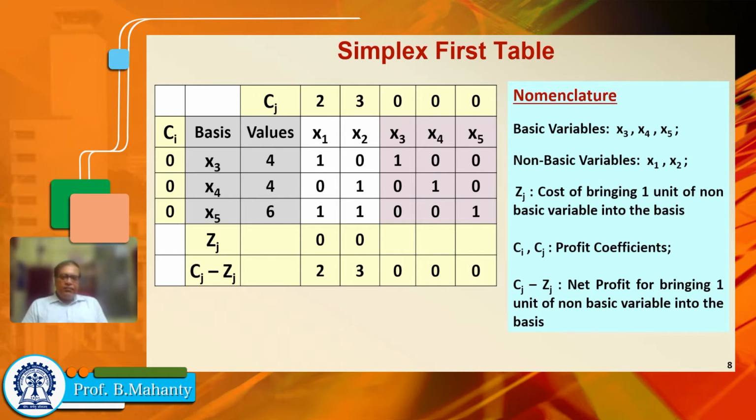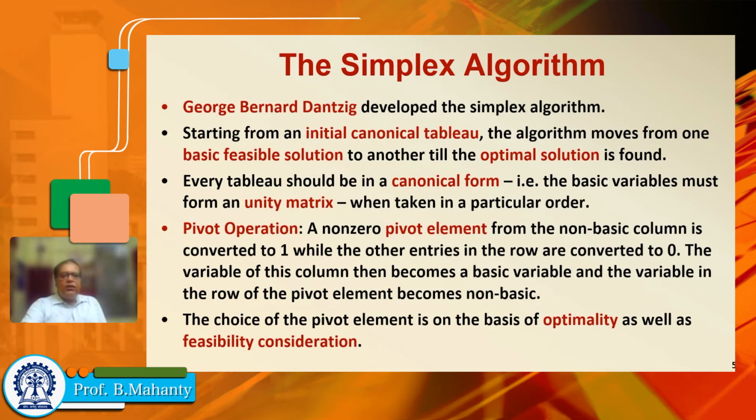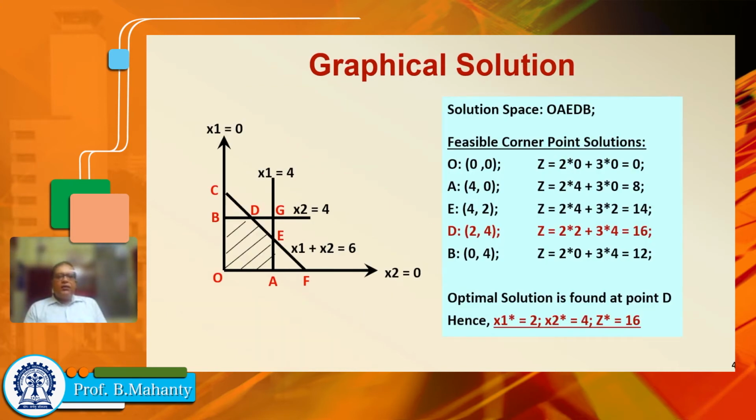Now, when it comes to simplex, there are two considerations. One is the optimality consideration, another is the feasibility consideration. Between x1 and x2, we find that x2 is a more profitable direction. That means if we move towards x2, we are going to make more profit. So we move towards the x2 direction. Look at this graph once again. This is the x2 direction because this is the x1 axis, this is the x2 axis.